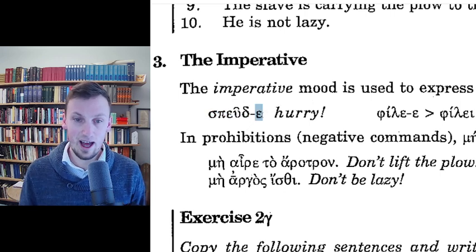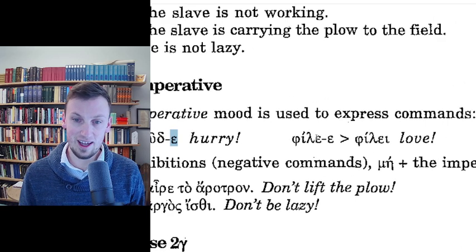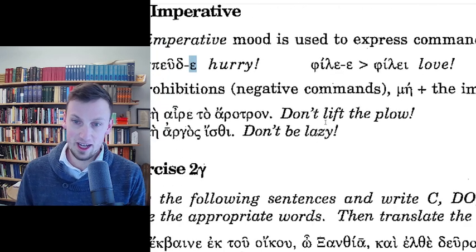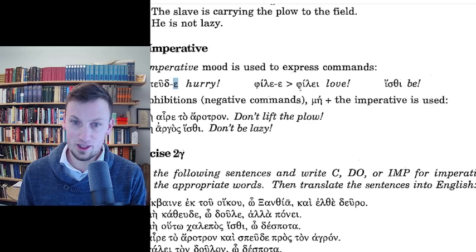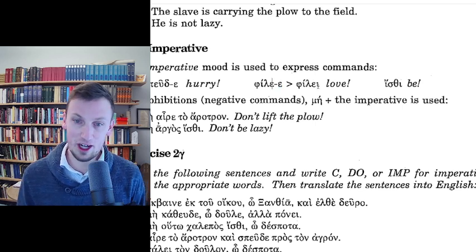Just this letter epsilon. So the command spoude means hurry, or phil would be love. They're introducing a complication here, which is that when you add an epsilon to an existing epsilon, as is found on the stem here, you get epsilon iota.